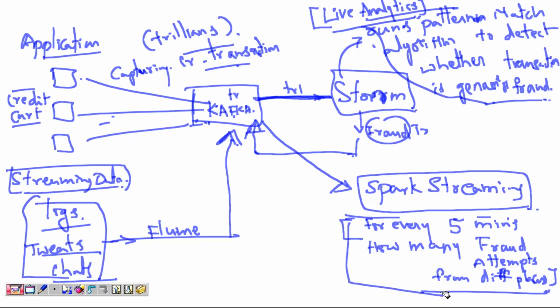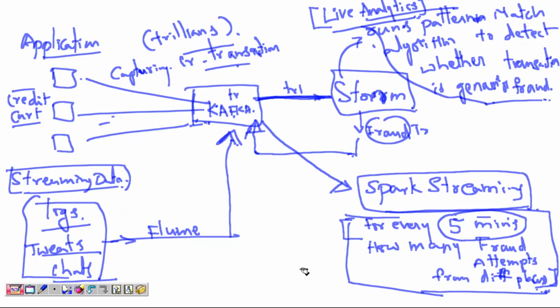Such an area is called microbatching. See, for the entire day, what happened? In the entire day from Hyderabad, how many frauds, how many genuine? In the entire day from Delhi, how many frauds are happening, how many genuine transactions? Tracking such activity is called batch. Your Hadoop is able to do that.